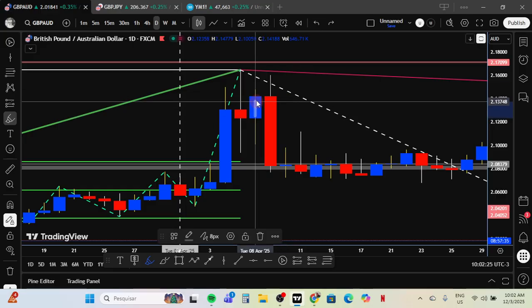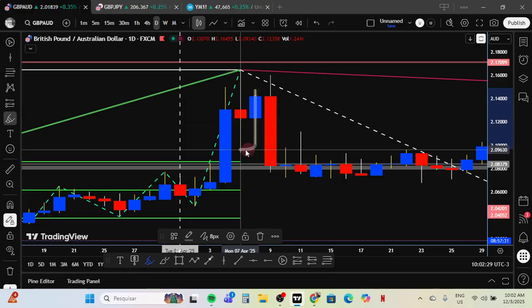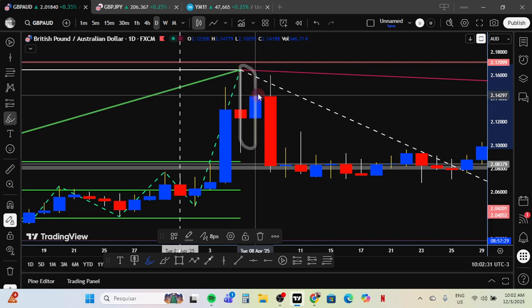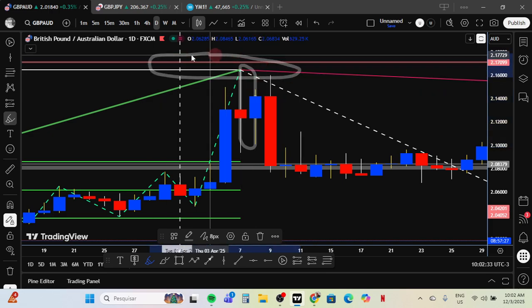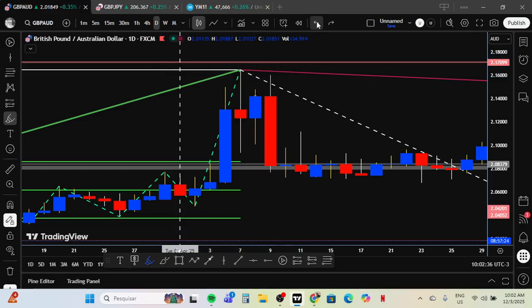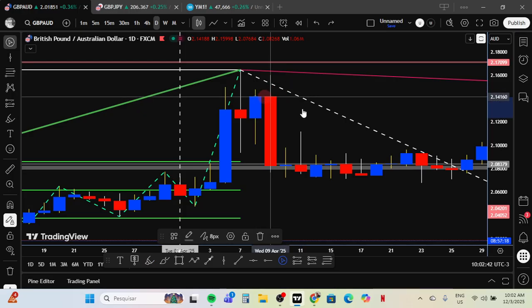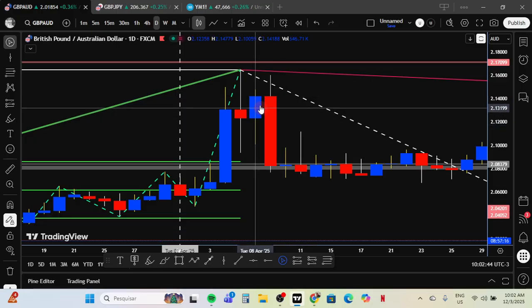And when this candle closes this way, it closes as an inside bar candlestick signal at a key level area of resistance. What does that mean? It means that we should be careful because we might be seeing a sell-off very soon.